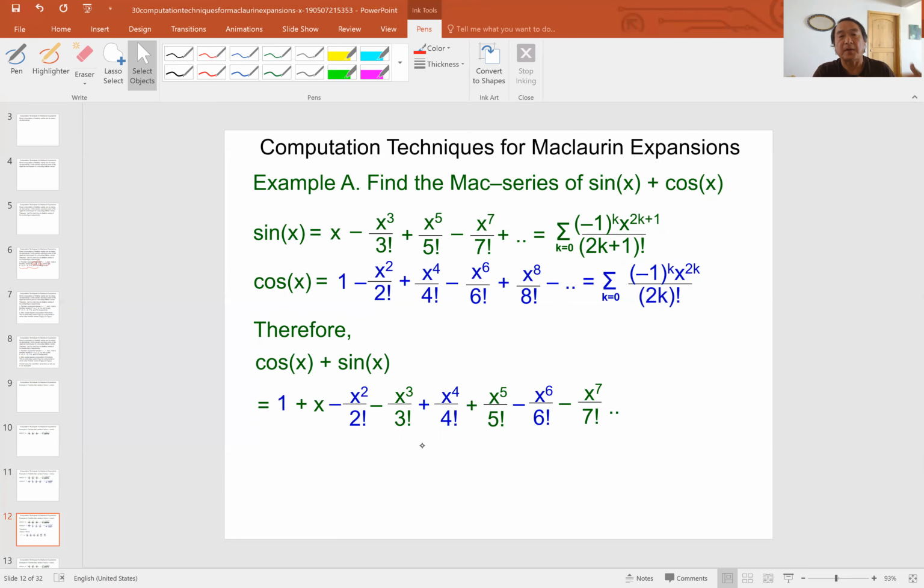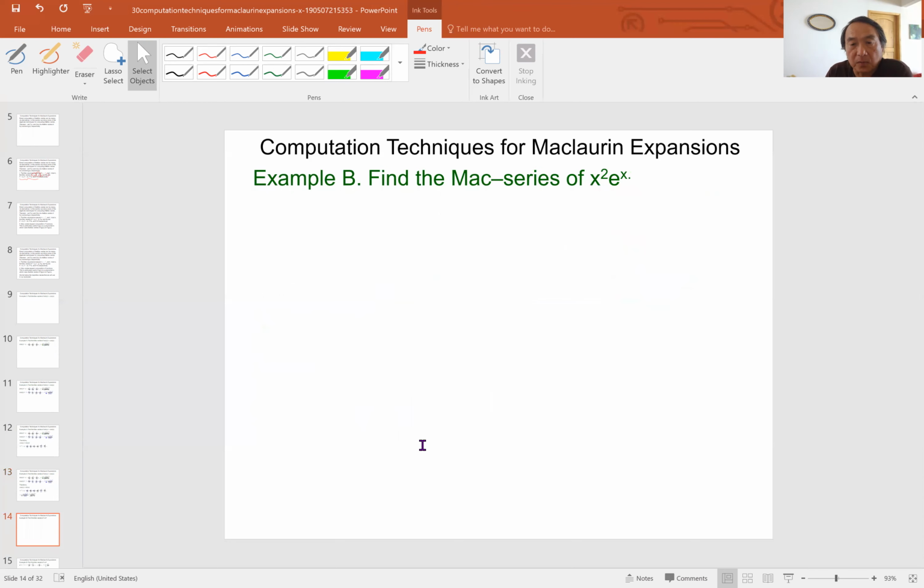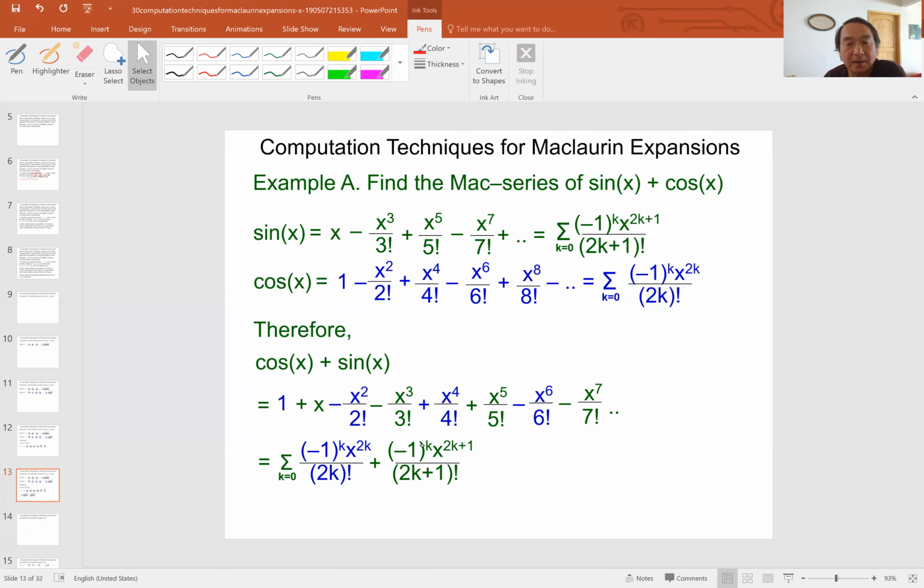So I get the expansion of the individual ones, one for the sine, one for the cosine. So it's kind of obvious in this sense. By playing around with the index, I can write this as a sum of two indices, and we can put them into various forms. In this case, I just wrote down the individual summation notation for the two of them.